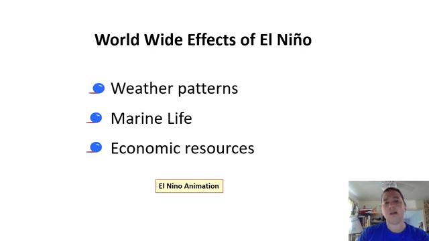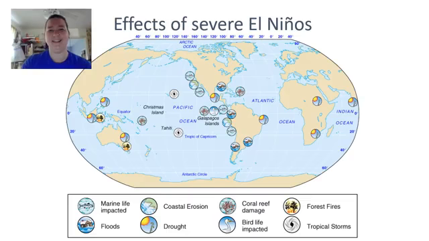El Nino has a lot of far-reaching events. It also has a habit of causing more extreme weather conditions, mudslides and droughts in neighboring regions. Like one region could have mudslides, one region could have droughts. So it has a lot of effects.